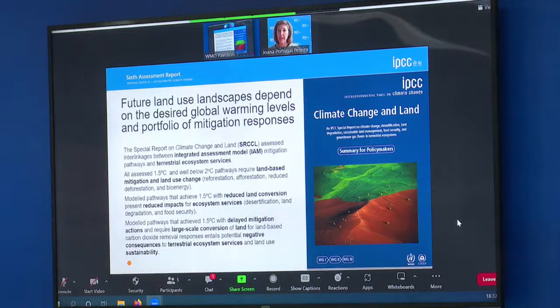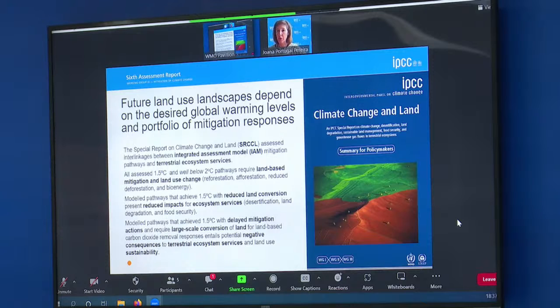Here in this presentation, I will show you the summary for model pathways that were developed with frameworks based on integrated assessment models. And a key finding is all model pathways to achieve 1.5 degrees by the end of the century, they to some extent are dependent on carbon dioxide removal strategies.